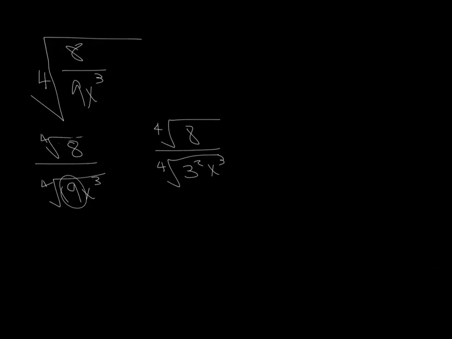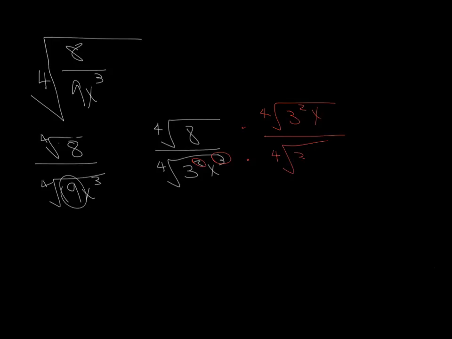Alright, now I want this 2 to be a 4 and I want the 3 to be a 4 so that I can cancel with that. So I'm going to multiply top and bottom by the 4th root of, to make that a 4, I have to add another 2 to it. So I've got 3 squared, and to get this to be a 4, I do that.